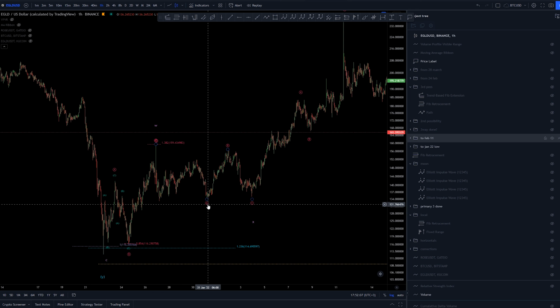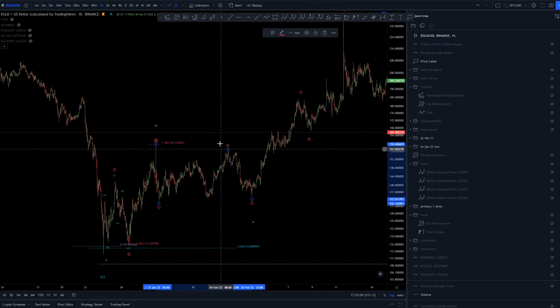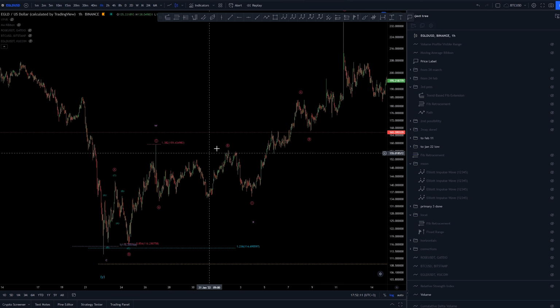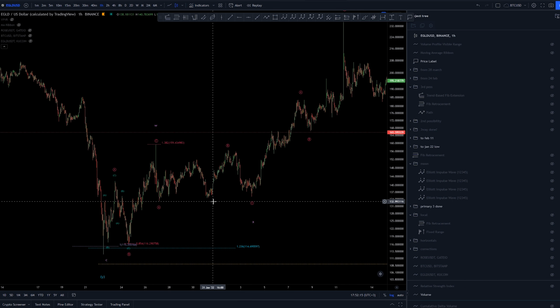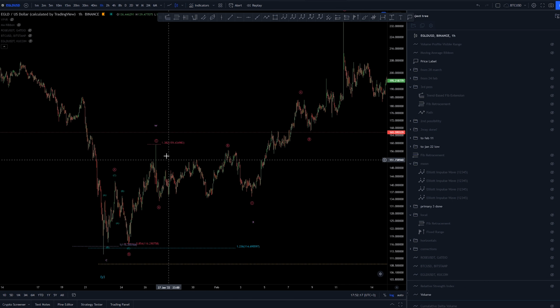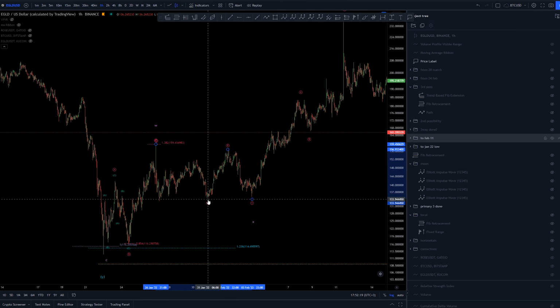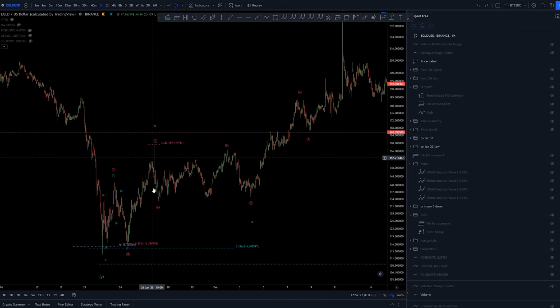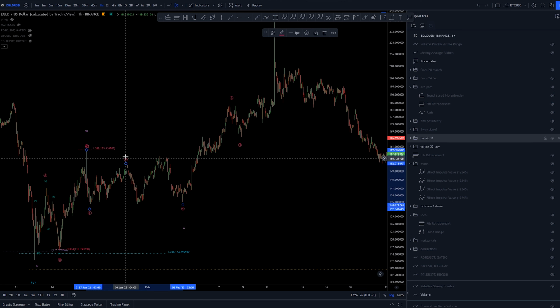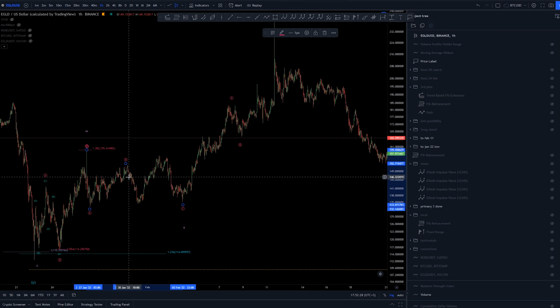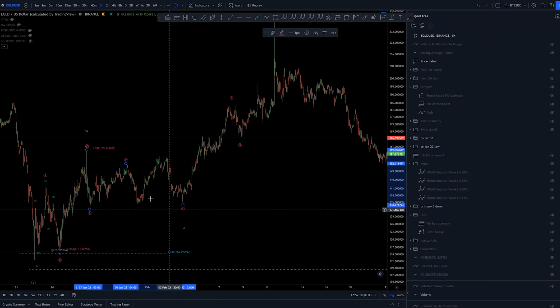It is debatable again. You could be placing A here, saying that this is a flat structure where the B is some kind of 3-wave structure, but not really. It doesn't really matter which way you place it, or even if you would like to say that this is like so and create some kind of WXY here.